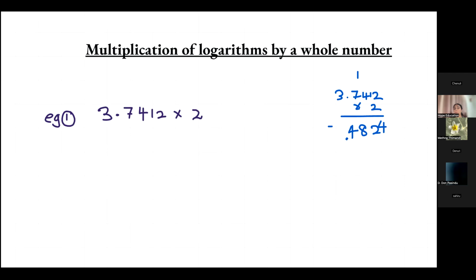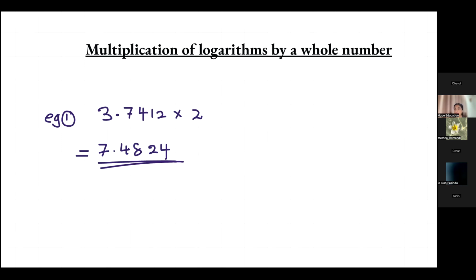So you get 7.4824. A logarithmic number consisting of a characteristic and a mantissa, you multiply by a whole number in the same way as you multiply a normal number by a whole number. So you get 7.4824. Did you all understand this one? Is this clear?